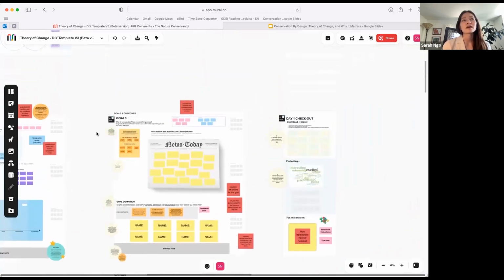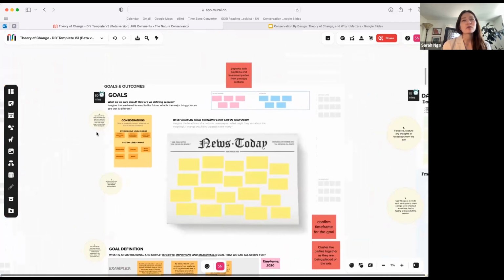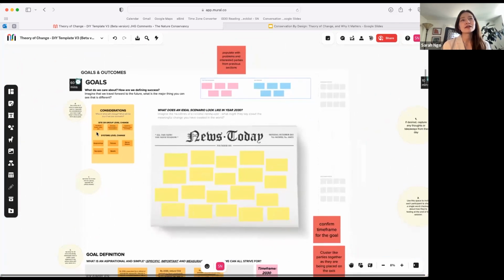Okay. Defining objectives, which that module feeds into the goals and outcomes portion of the theory of change workshop. So the output of the defining objectives module is a set of fundamental objectives and related sub-objectives that describe the team's desired ultimate outcomes or ends for their strategy.